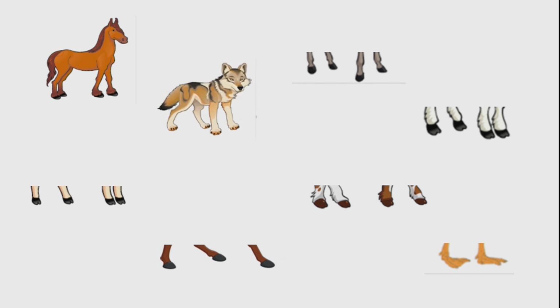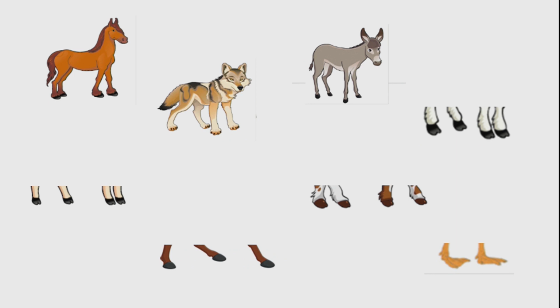Picture 1. A bull? No, it isn't a bull. A horse? Yes, right, it's a horse. The next picture. A wolf? That's true. Okay, a donkey. Right. Picture 4. A cow? Any other ideas?